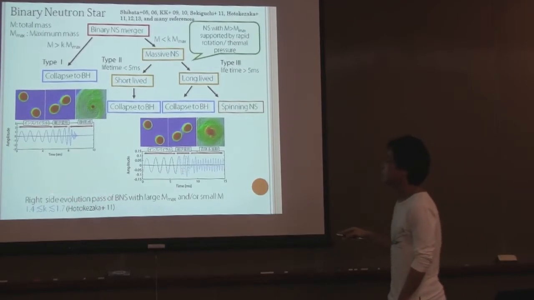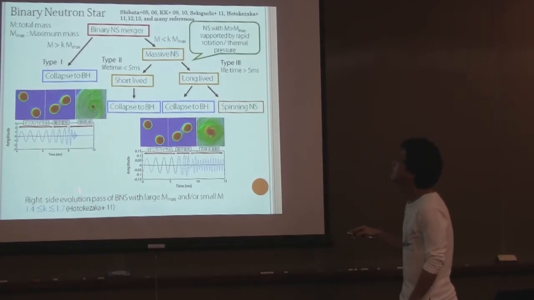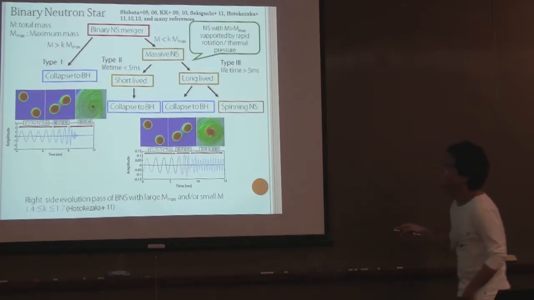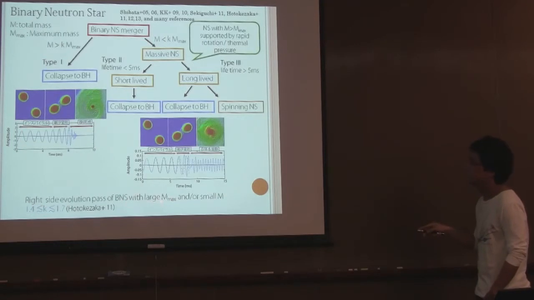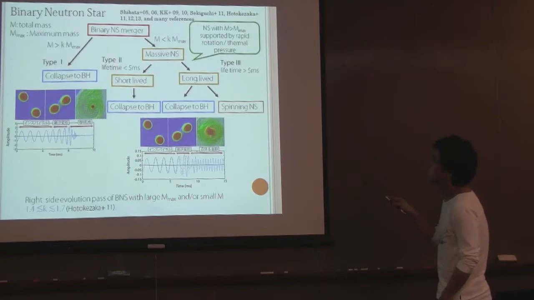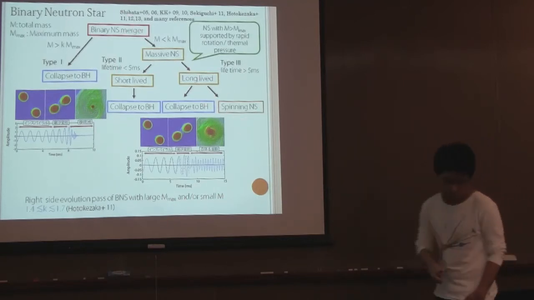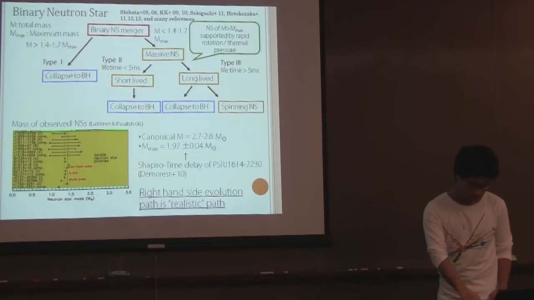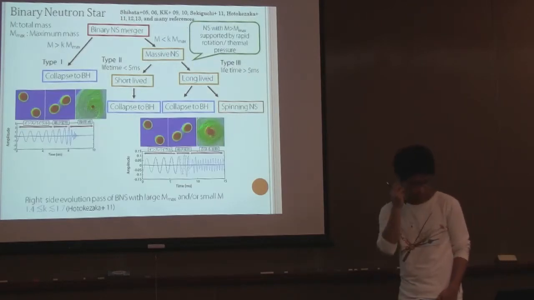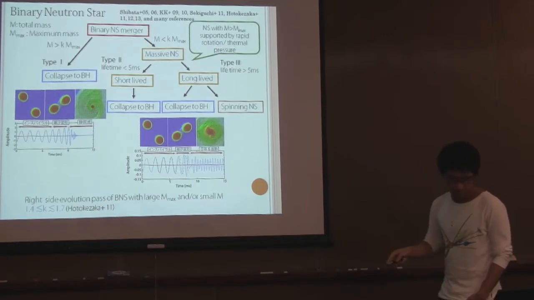We found in our numerical simulation that the constant K is given in this range, and note that the larger the maximum mass or the smaller the total mass, the more the binary will take the right-hand side evolution path. So how does K depend on the equation of state that is being used?